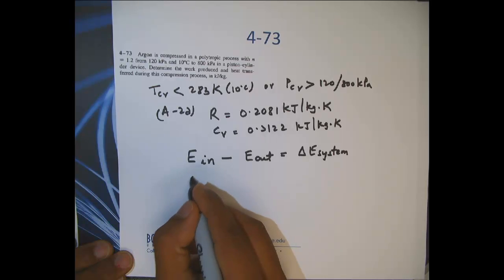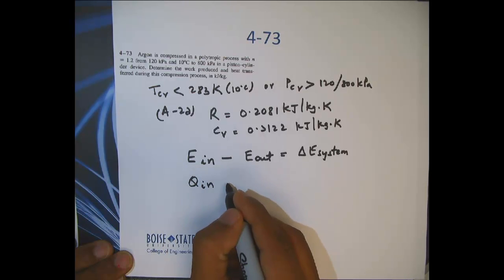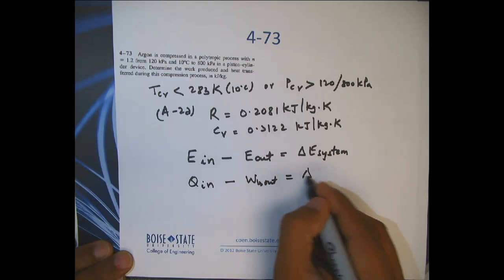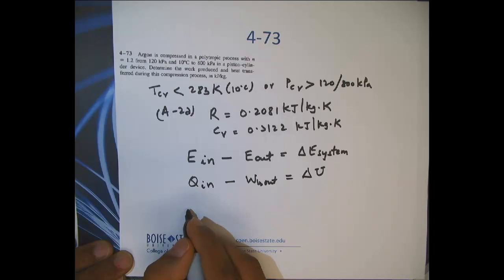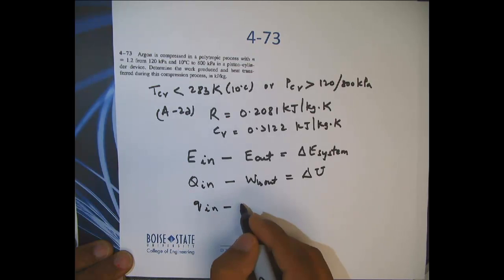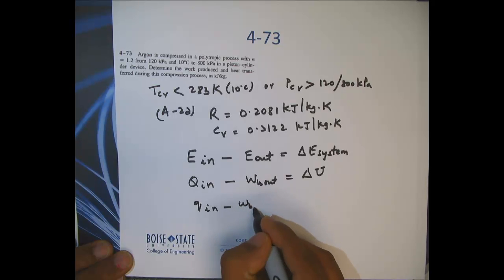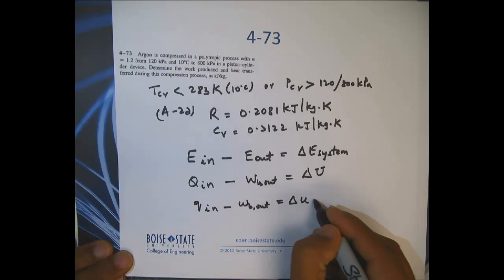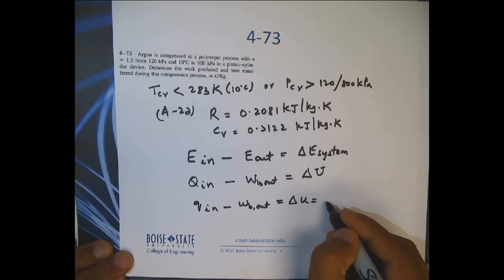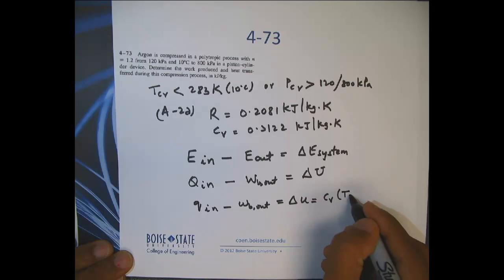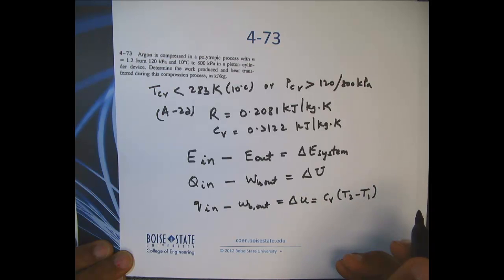I can write this as Q in minus the work delivered equals change in internal energy, and I can do this on a per unit mass basis. If I divide everything by mass, I write this in small letters now, and you see that this is delta u, and for an ideal gas we learned that delta u is nothing but Cv times delta T, which I'll write as T2 minus T1.